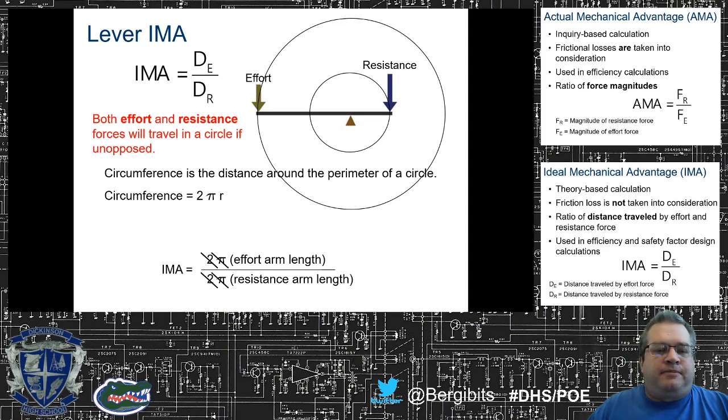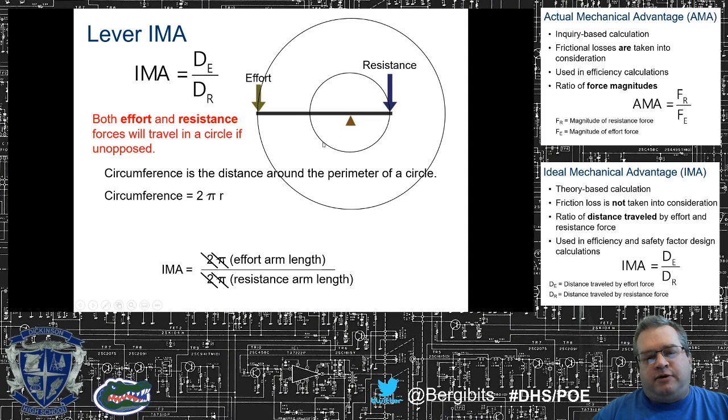IMA is distance effort divided by distance resistance. In this case, this is an example of torque. It's traveling in a rotational path, both effort and resistance.